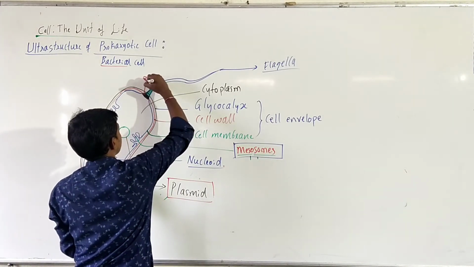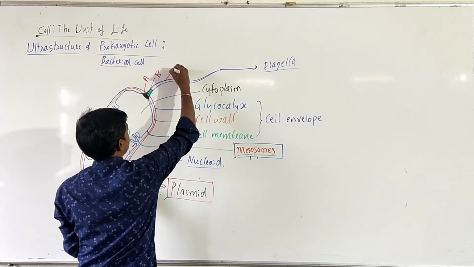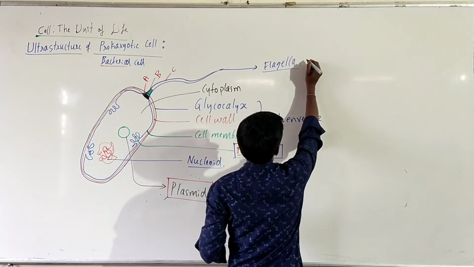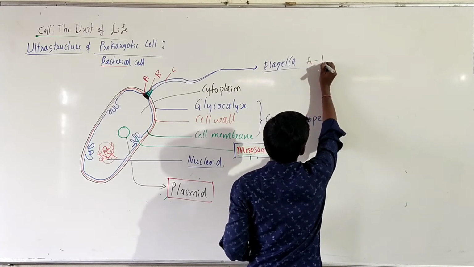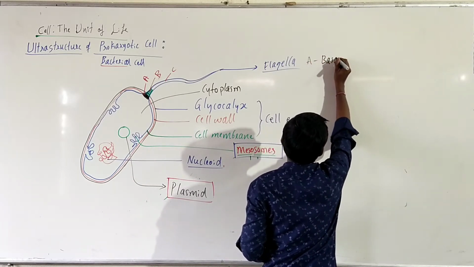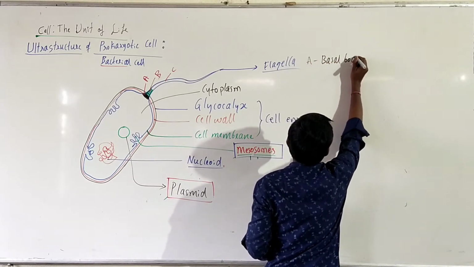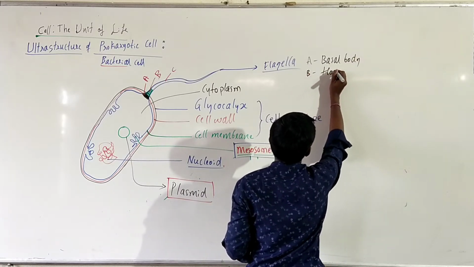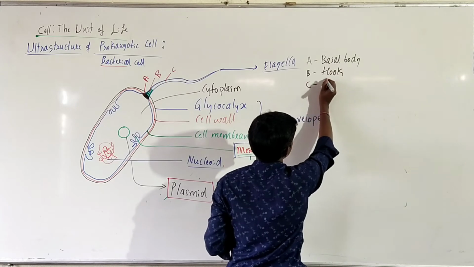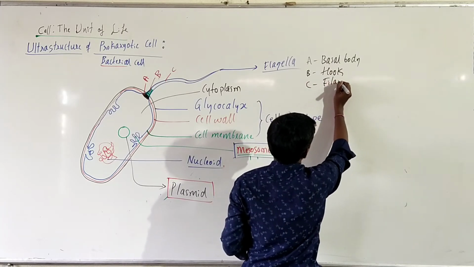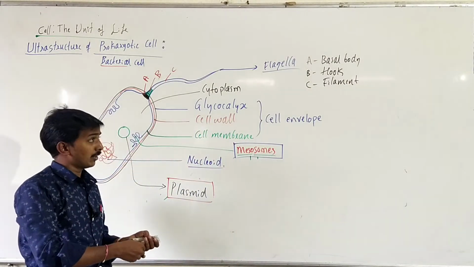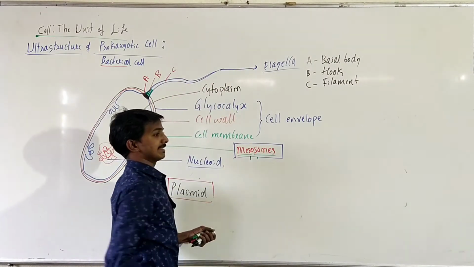Alphabet A is the basal body. Alphabet B is the hook. Alphabet C is the filament. Altogether they make a flagella.